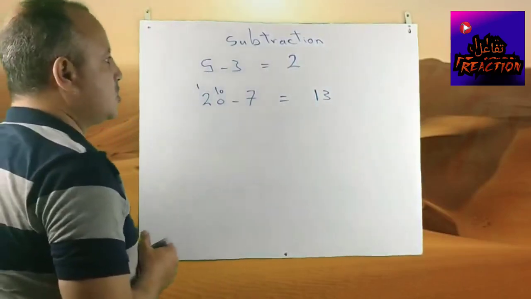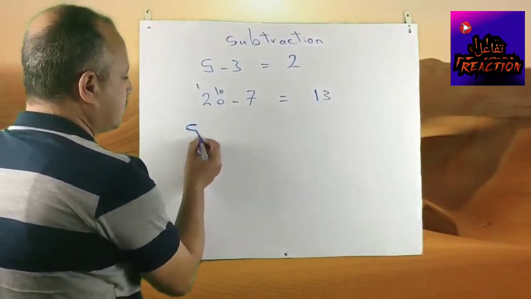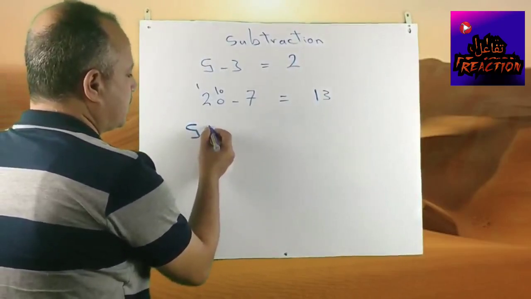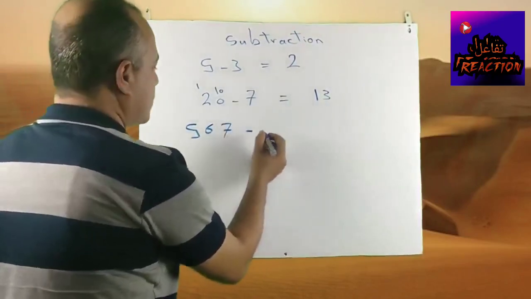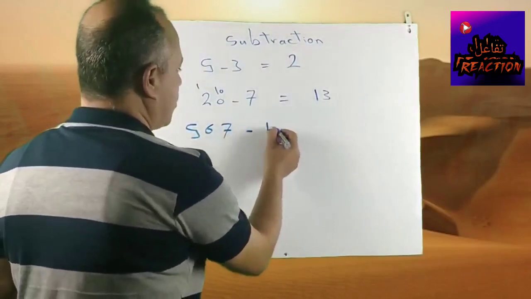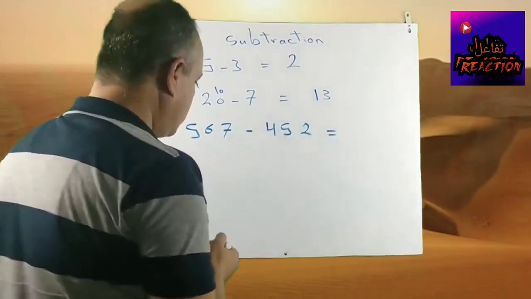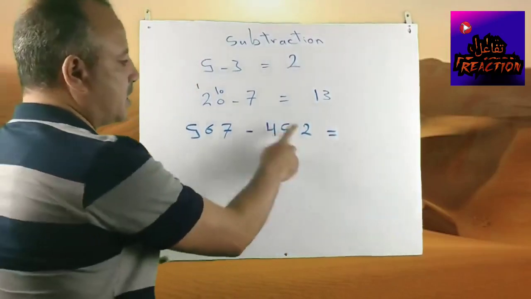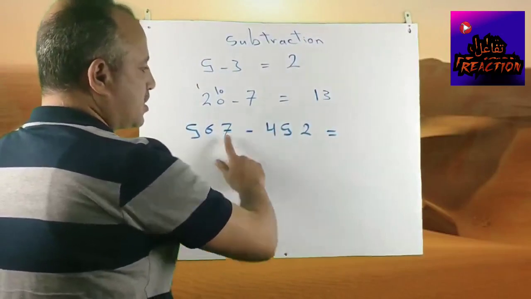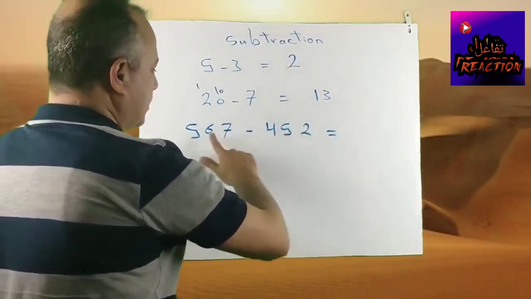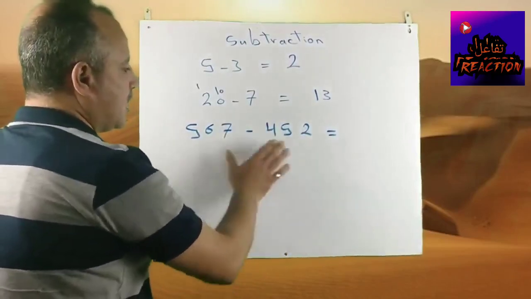Another example of multi-digit subtraction, if we say 567 minus 452 equals. 7 minus 2. Take care, you subtract units from units, tens from tens, hundreds from hundreds, and so on.